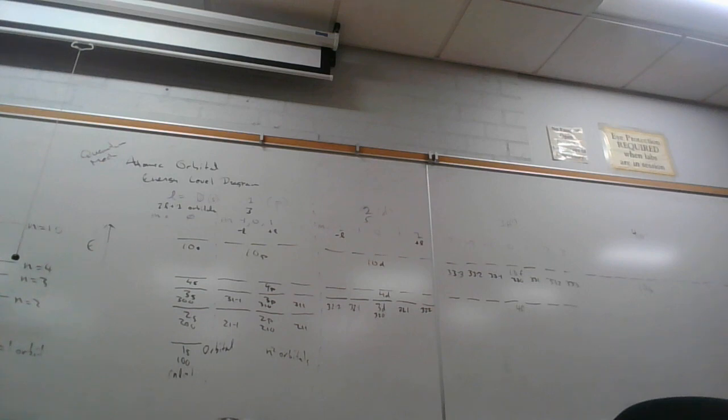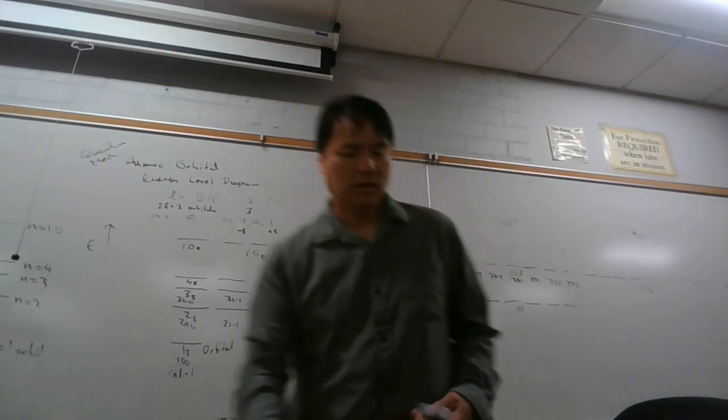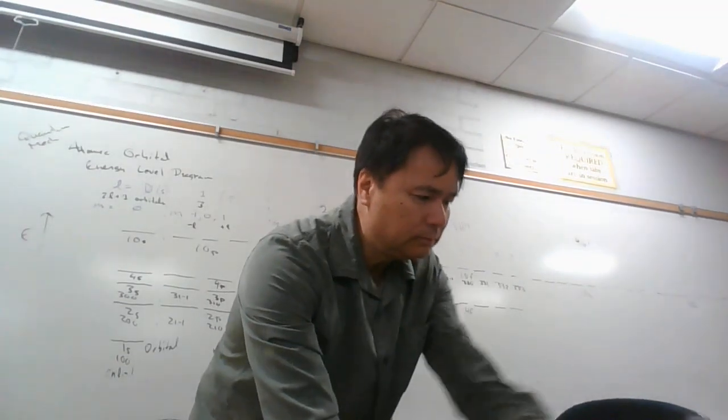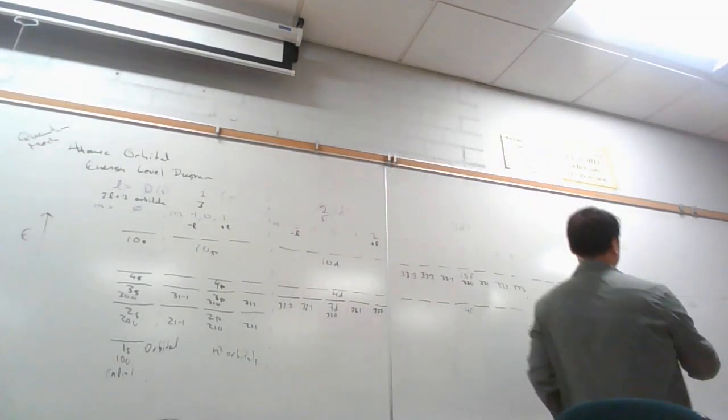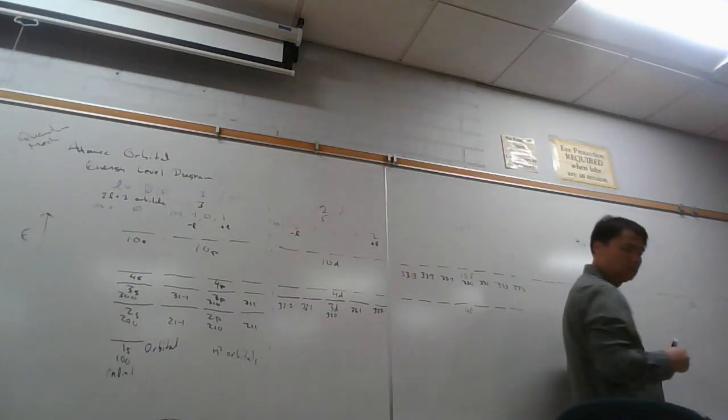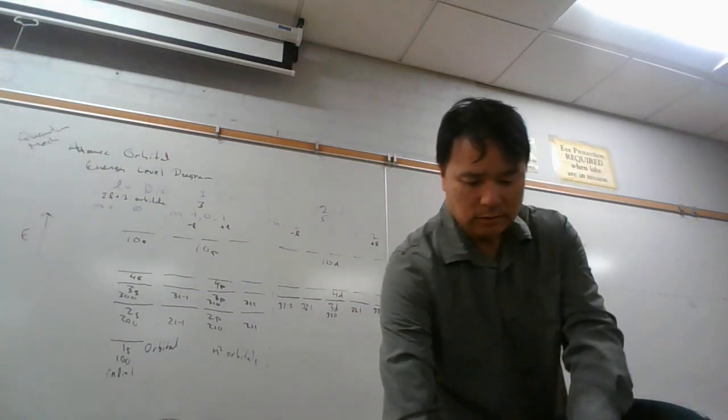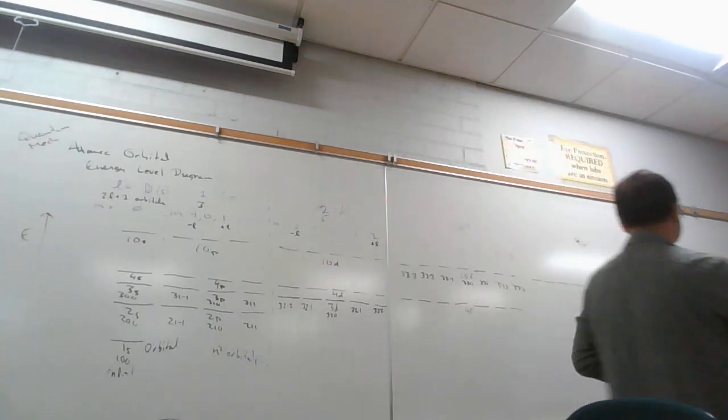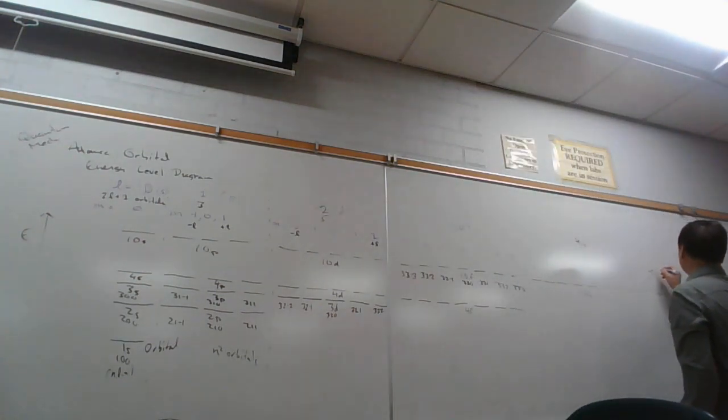What are they? Well, we need the M values. So the M values are going to vary from what to what? -5. Yeah, -5 to +5.